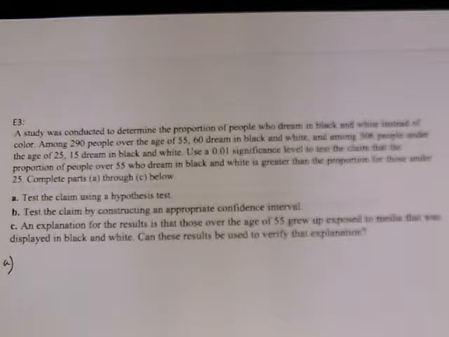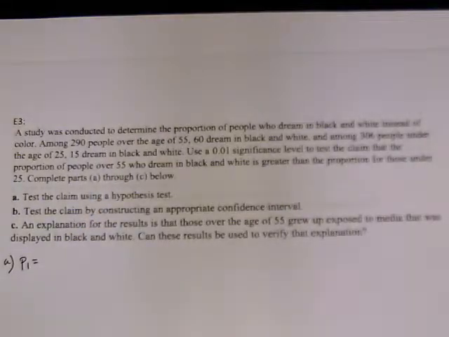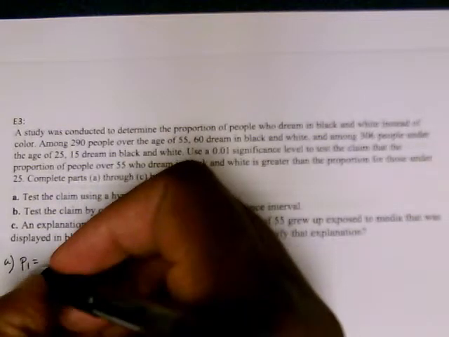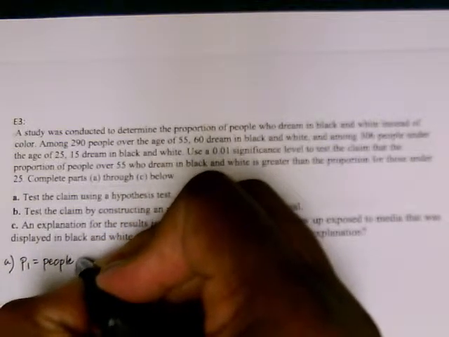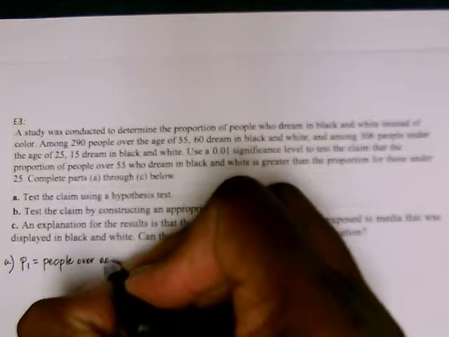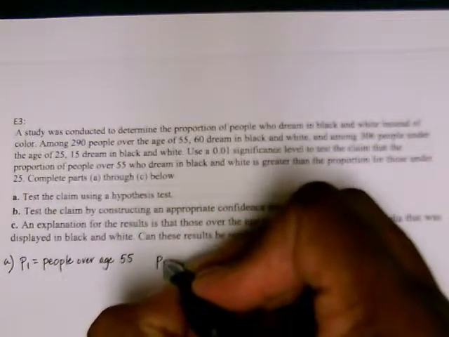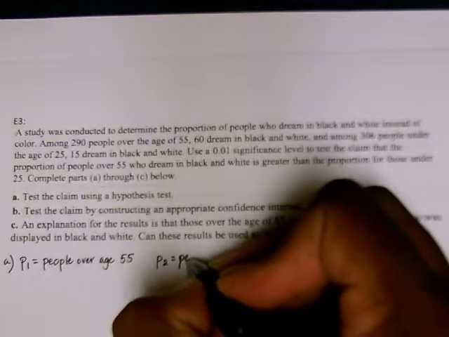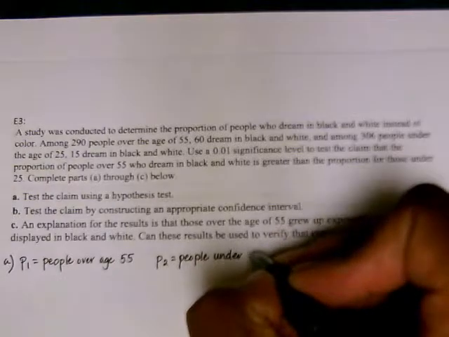Now in this case here, I need to identify some things here. I'm going to let P1 be those people over age 55, and then P2 will be those people under the age of 25.